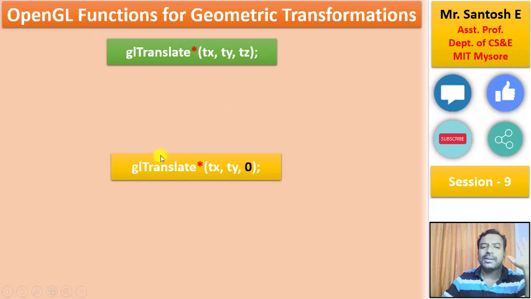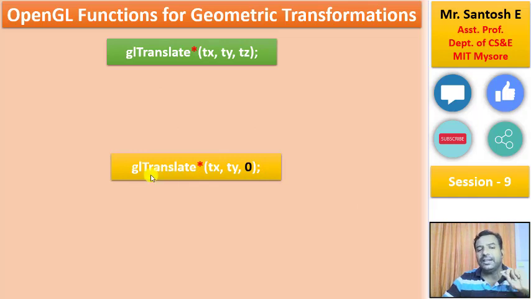Using the same function, if I make the z value 0, it can be used as a 2D transformation because I am not giving any value for the z axis. But remember, by making the parameter 0, you cannot call this a 2D translation function.